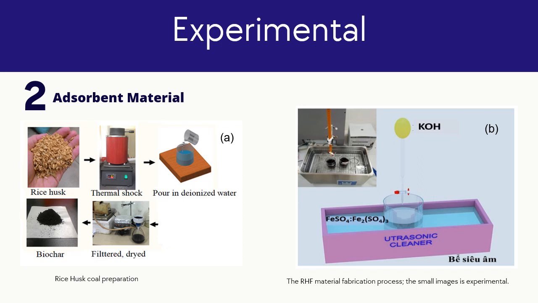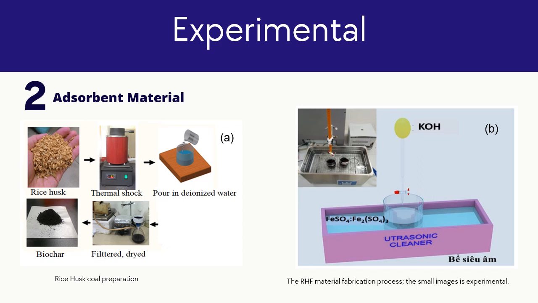Then add 300 milliliters of 0.5 M potassium hydroxide solution to the beaker. The mixture is placed in an ultrasonic bath for 30 minutes before slowly adding 350 milliliters of a mixture of ferrous sulfate heptahydrate and ferric sulfate solution in a ratio of 3:1.